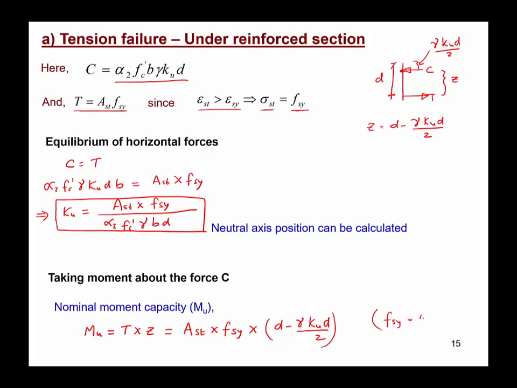Fsy is 500 megapascal, because we know that the yield strength of steel is 500 megapascal for Australia. So with this equation, we can find out the ultimate moment capacity of this rectangular beam when it is failing in the tension mode.